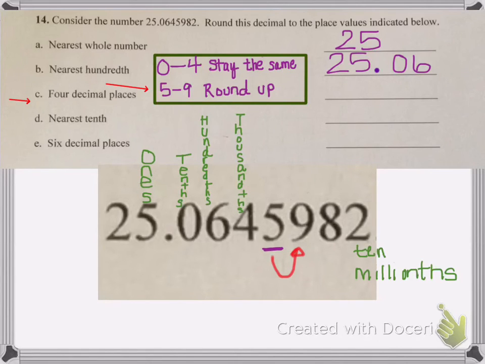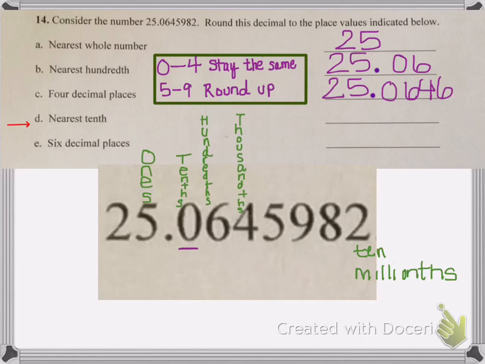So that means I take the 5 and I round it up to a 6. So my number is going to be 25.0646, or I could call that 25 and 646 10,000ths.